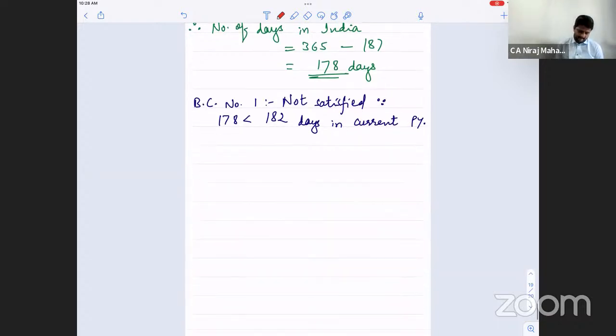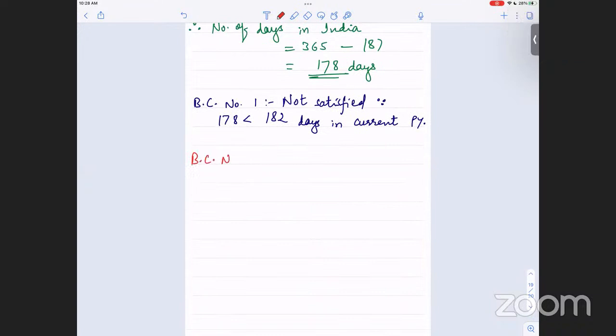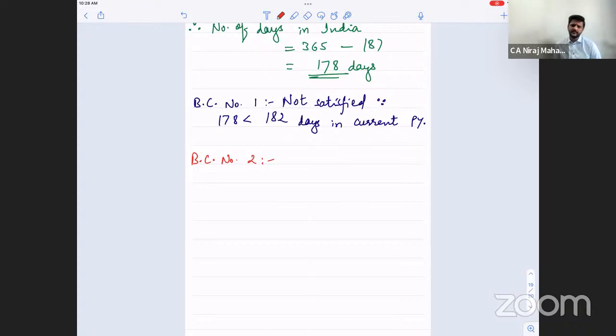Not applicable, correct. Since basic condition 1 is not fulfilled, we will not check. But I'll write down the wordings: 182 days in current PY. Are you getting my point?